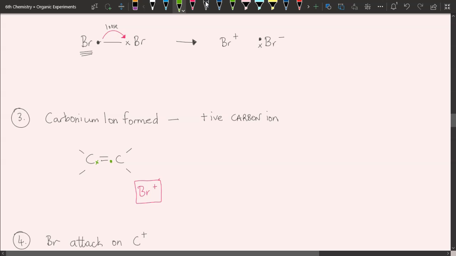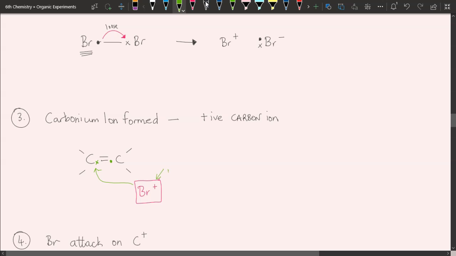That's in the lower part of the bond. And because the bromine is such a positive molecule, what happens is the double bond ends up splitting. And when the double bond ends up splitting, the bromine ends up joining on here, mainly because the bromine is positive and it will pop in here.